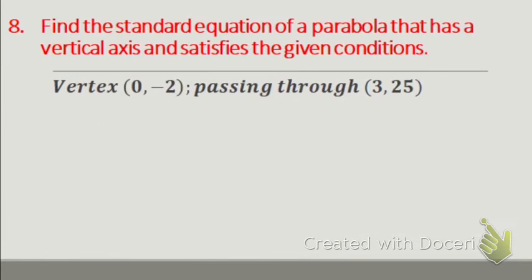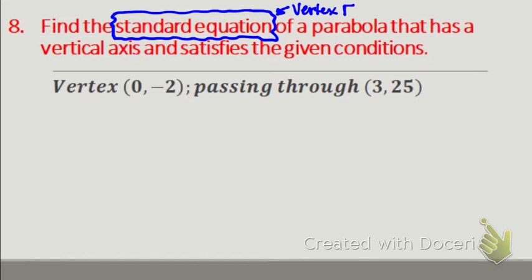We're going to write the equation for a specific parabola. We know the vertex, and we know one other piece of information about it. Remember, IU and your book use standard equation to mean vertex form. So a-h-k form.